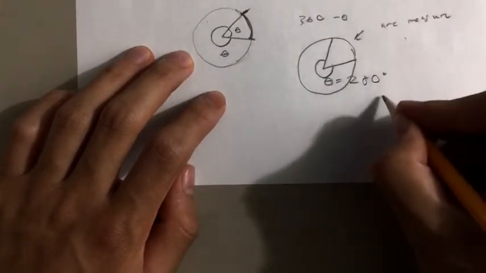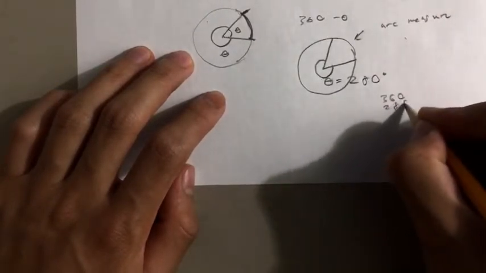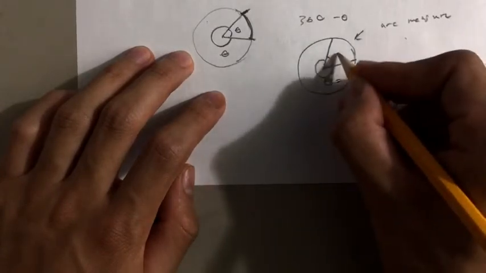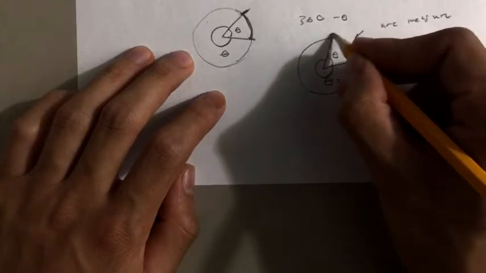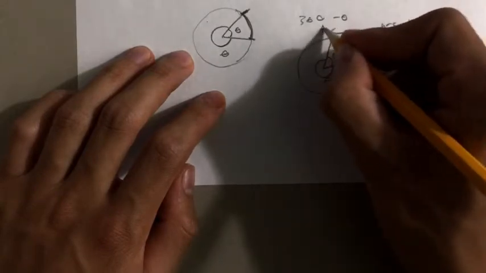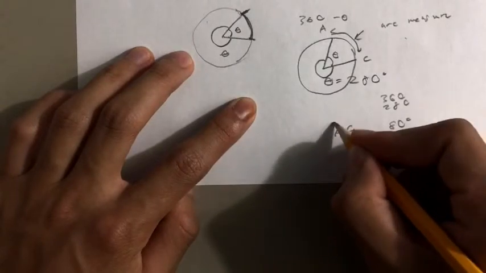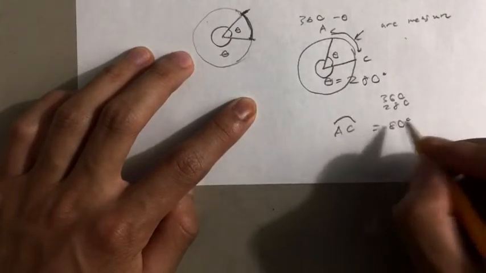Well, you would just say 360 minus 280. That's just 80 degrees. And that'll be the measure of that, and that's the same as this. So if it's written like this, A to C, then you would say, well, this arc measure is equal to 80 degrees. Okay, so before we move on, let's talk about radians versus degrees.